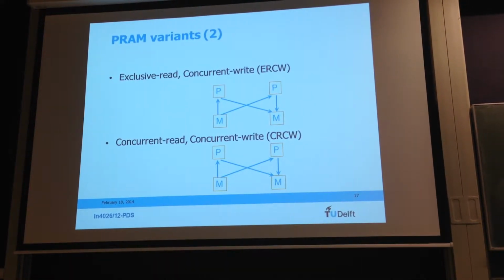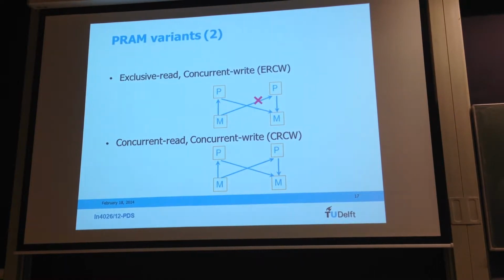Of course, if we consistently do this classification, then we would also have an exclusive read concurrent write, but in reality that doesn't make sense, right? Because we would never have a meaningful application that can use this category.